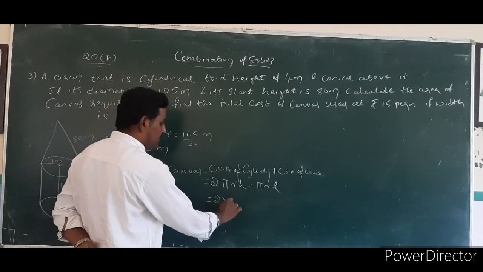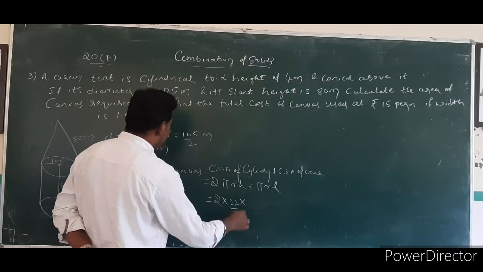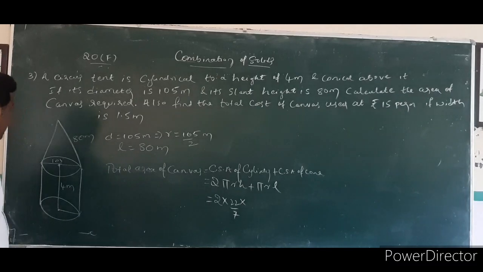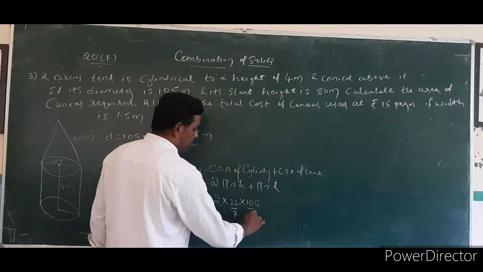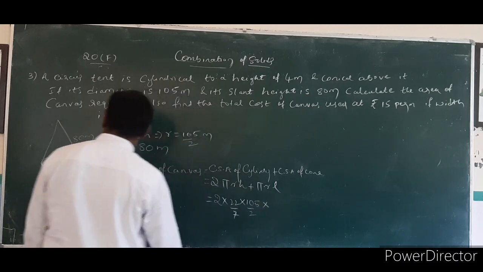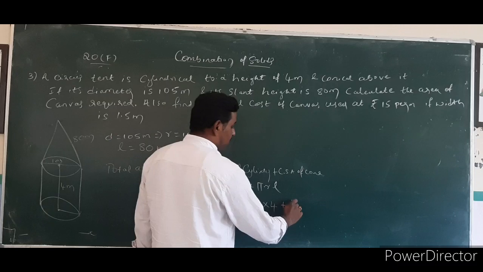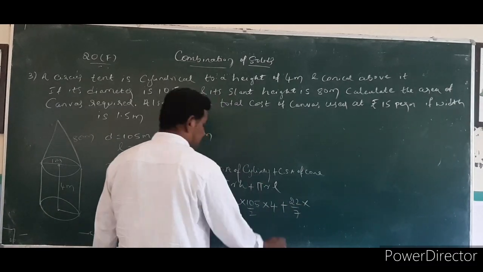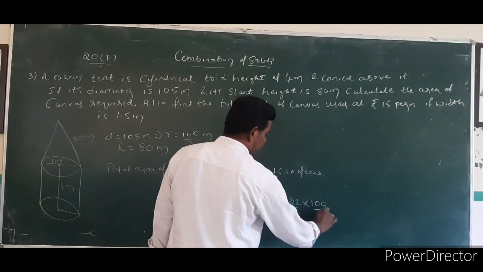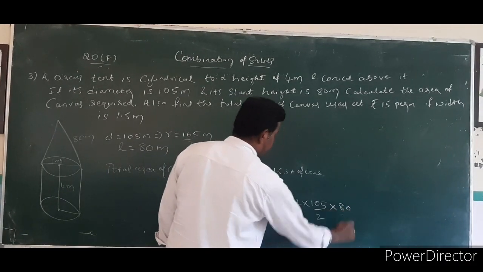So 2 pi value is 22 by 7 into r value, which is the same for both cone and cylinder, that is 105 divided by 2, into h value 4 meter, plus, now coming to the conical part, 22 by 7, r value is the same, into L value 80, the slant height.